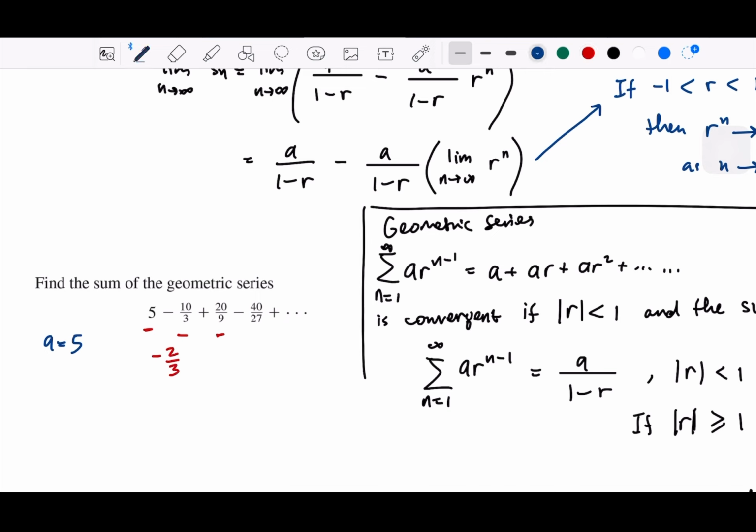So the r is negative 2 over 3. Okay. So the series we could write as 5, negative 2 over 3, and minus 1. Okay, that's the series.